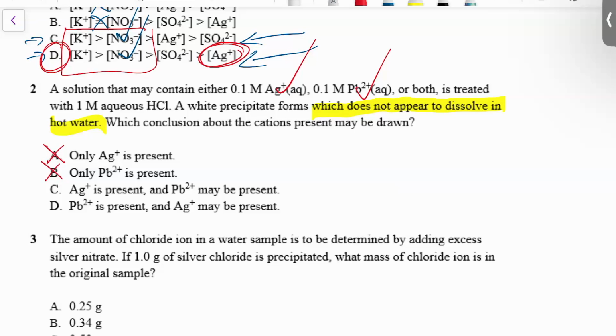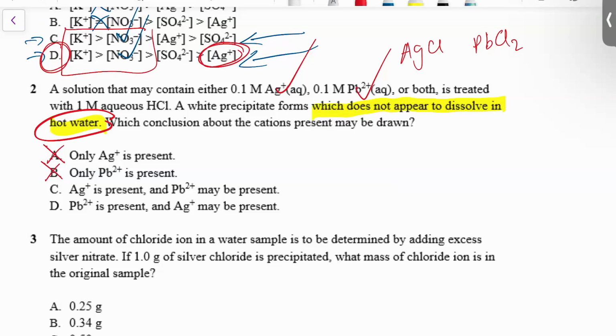It's just going to go do it. Normally, if you increase the temperature, it starts reacting a little bit more. But if you increase the temperature a lot and it's still not enough to get it to react, it's incredibly unreactive. So this doesn't dissolve even when it's in hot water, which means it really doesn't want to, okay? It's really insoluble. So whether it's AgCl present or PbCl2 present depends on which one is more insoluble than the other.